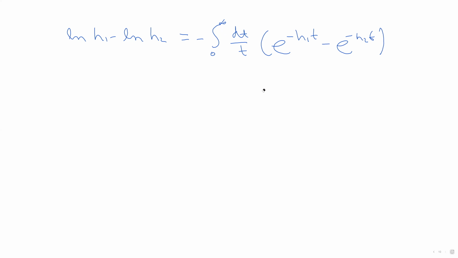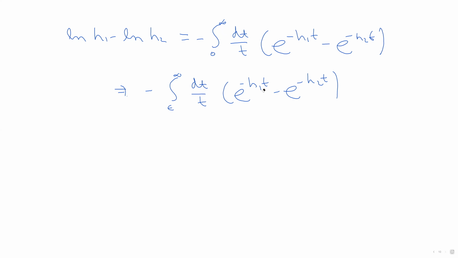So this one I can now write as minus integral from epsilon to infinity dt over t, and then take the epsilon goes to 0 limit at the end.